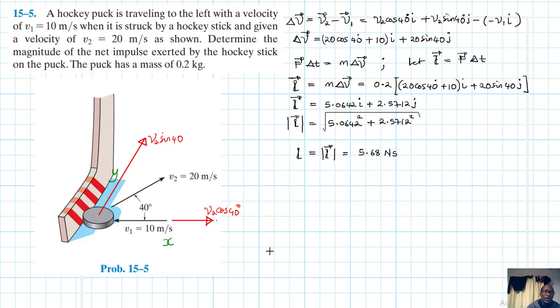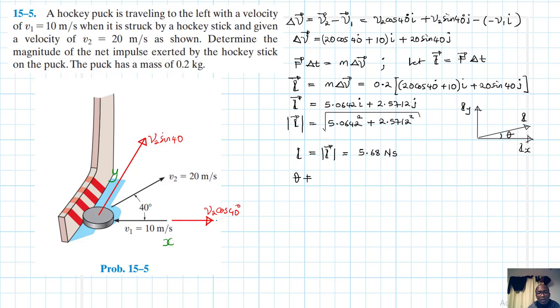So we found the magnitude of the net impulse. Let's find the angle. For the angle, we can draw this: both components are positive, and we have the magnitude towards this direction. This one is Ix, this is Iy, and this is I, and we have this angle here that we are interested in.